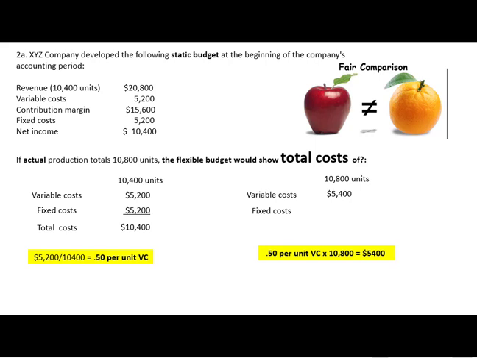Next, most important concept here is that fixed cost, whether we operate at 10,800 units or 10,400 units, the fixed costs are going to be the same, which is going to be $5,200. So total cost under the new actual level of units that we actually produced, 10,800, is going to give us a total cost of $10,600.